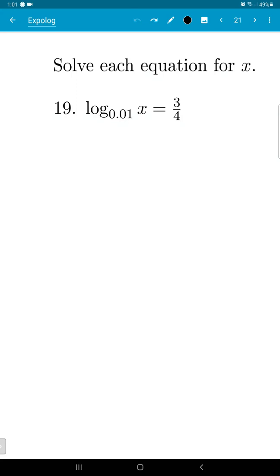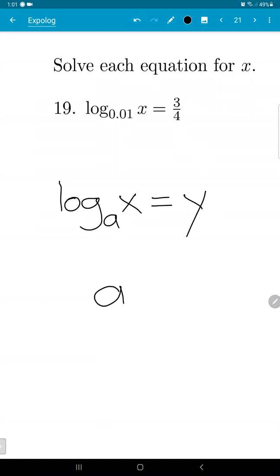And to do so, let me just recall here. Suppose that you are given an equation in logarithmic form, then to convert it to exponential form, there are two ways. First, you note that the base is a, so that will also be the base for your exponential equation. And then you interchange the input and output, so that the output becomes the input and the input the output.